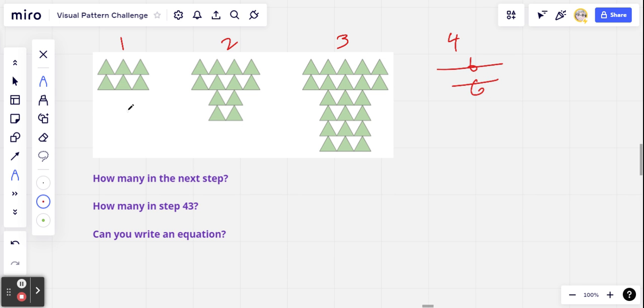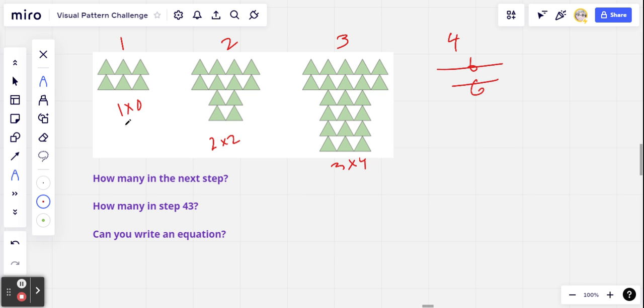Well, in 1 we have nothing at all. In 2 we have a 2 by 2, and here we have a 3 by 4. So this is 2 by 2, and this is 3 by 4. So is this going to be 4 by... it looks like the second dimension is going up. Oh, if I think of the second dimension as 0 here, this could be a 1 by 0.